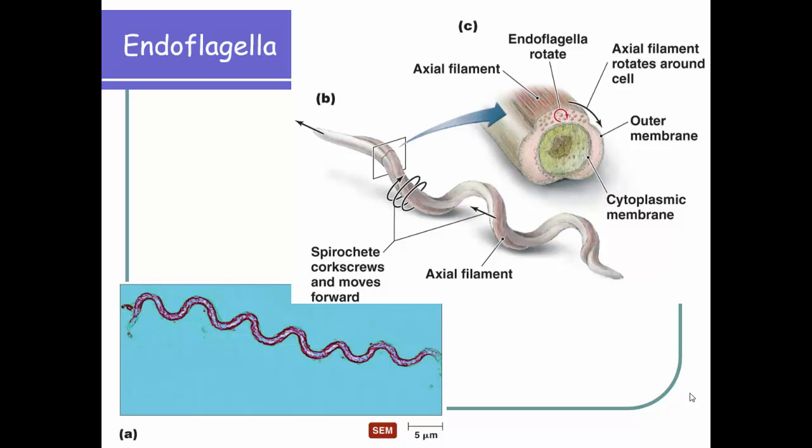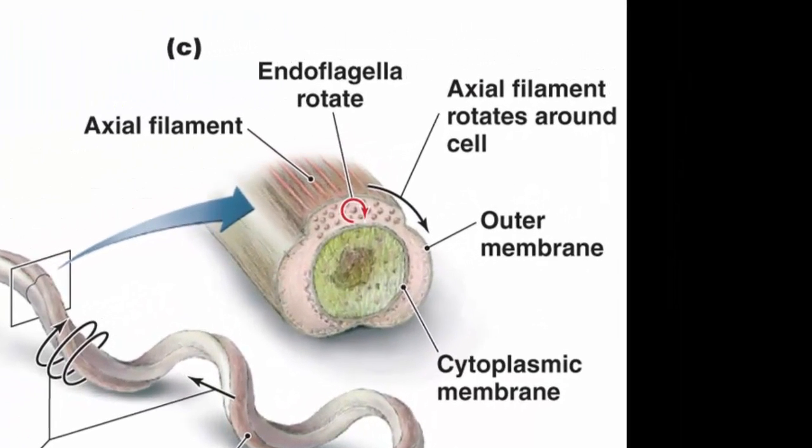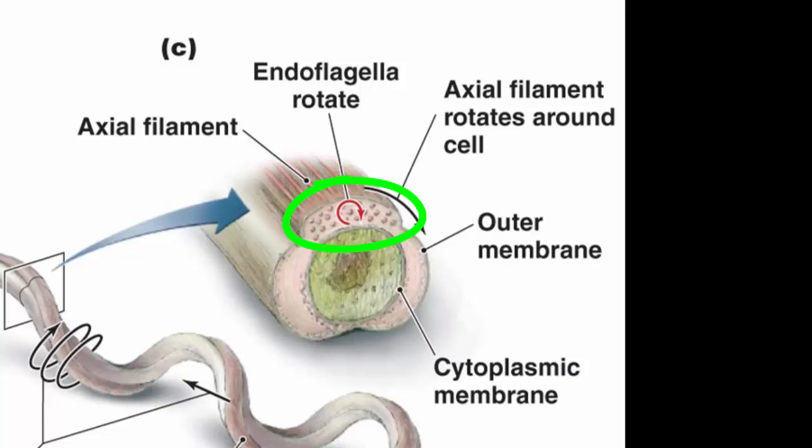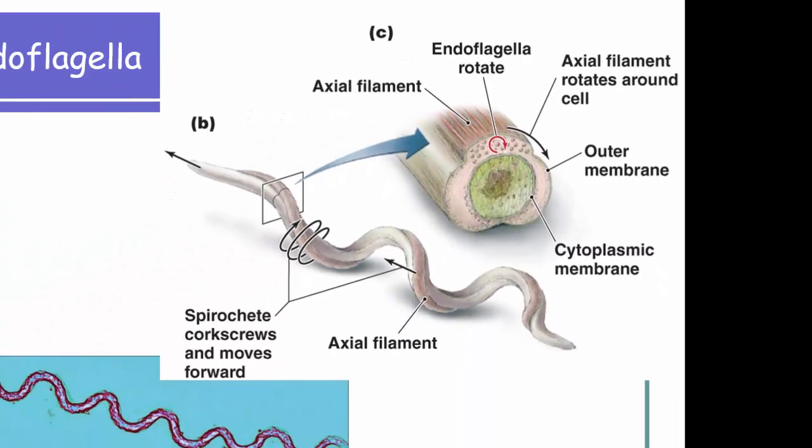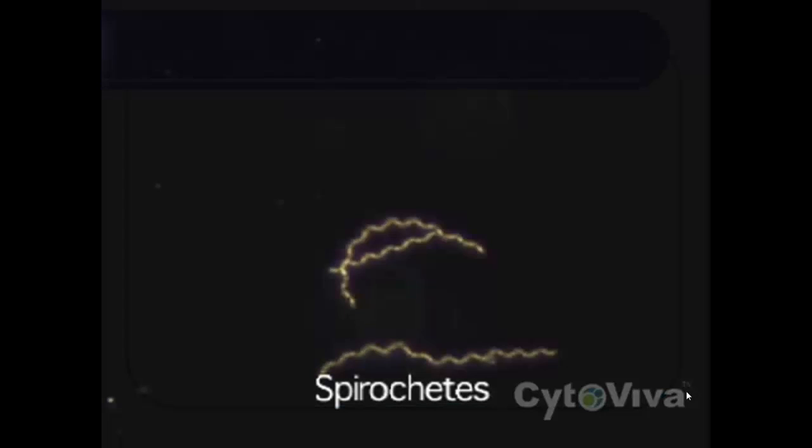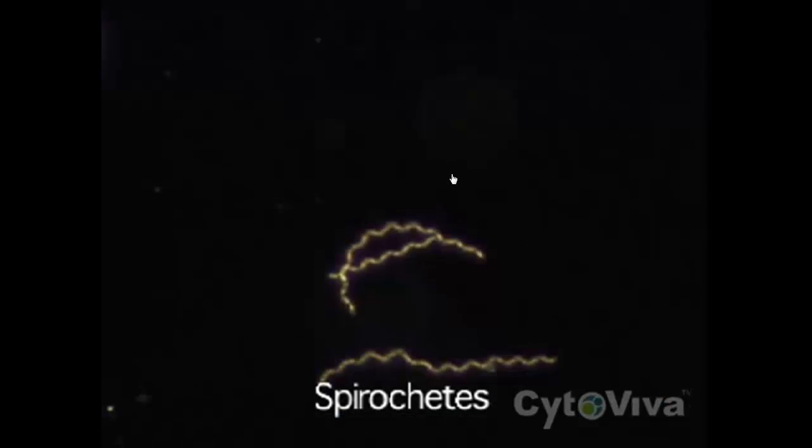The endoflagella are located just underneath the cell wall and cell membrane and give it this corkscrewing action. Here is a video that I'm going to play showing these spirochetes under a microscope.